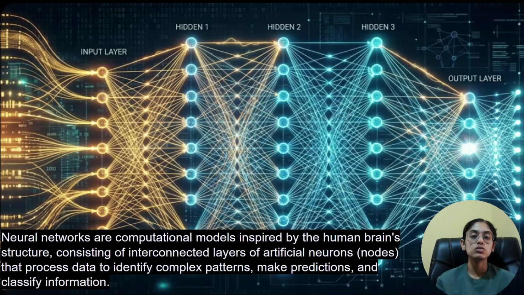We use neural networks in AI to identify complex patterns, make predictions and decisions, and classify information. As you can see in this image, from the input layer we give the input, and from the output layer we get the output.